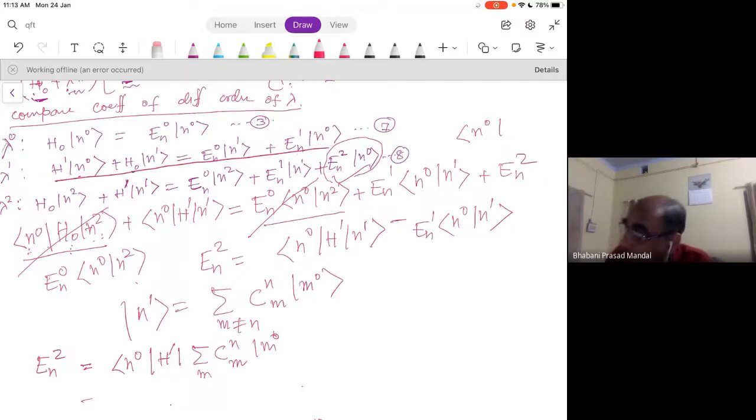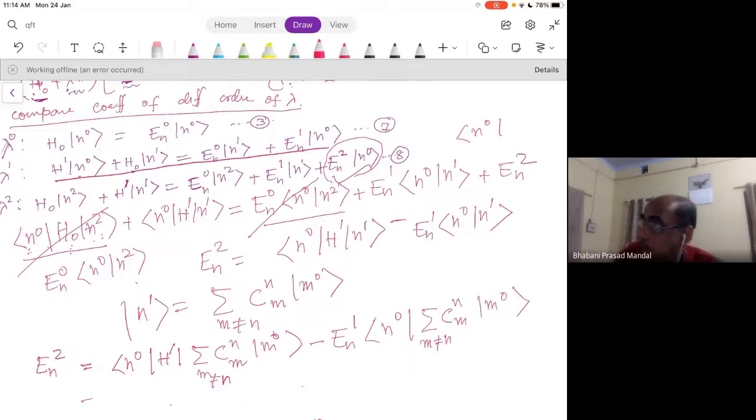Just a moment. Let me write. I don't know whether this will be helpful or not. But the second term, I can simplify, En1 and then n0. Remember this m sum is over all possible values except n. That I argued last time. So this was the sum over c_mn, sum over m not equal to n, then m0.